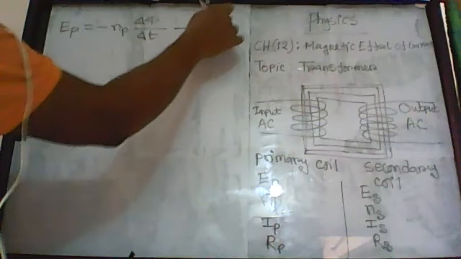You know, boys and girls, that when you apply input voltage, an induced electromotive force or voltage is produced inside the primary coil. So what is the value of this induced electromotive force EP? If I apply Faraday's law of electromagnetic induction in the primary coil, then EP will equal minus NP delta phi divided by delta T, and this is equation number 1.